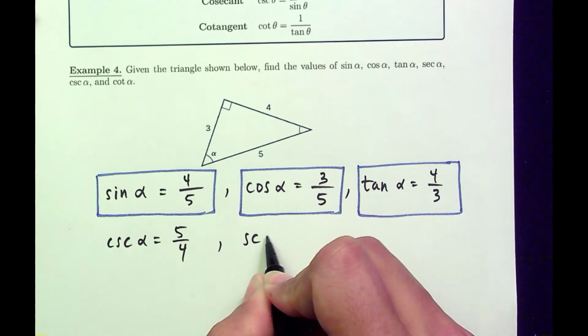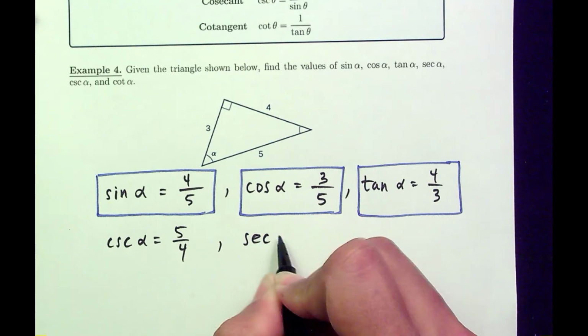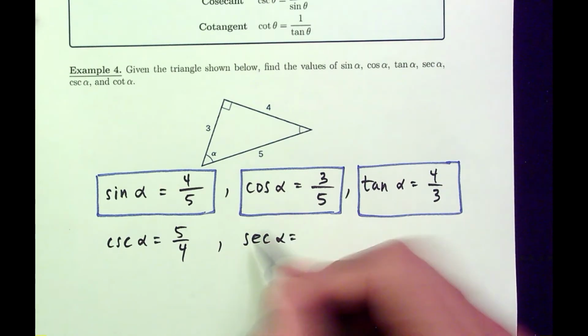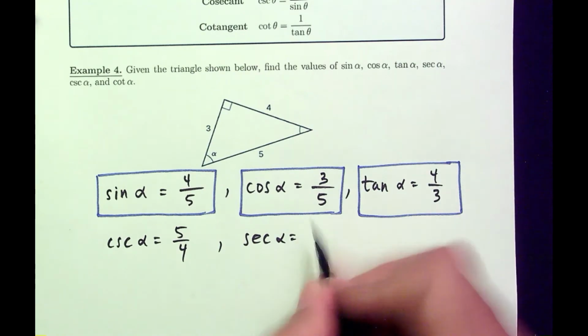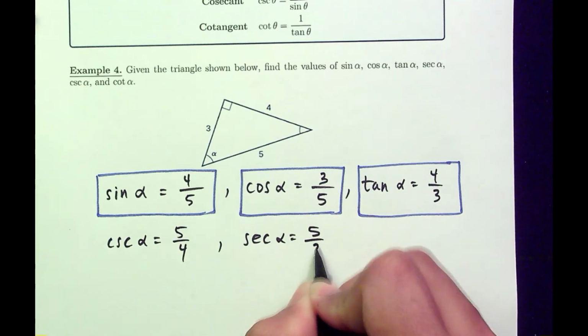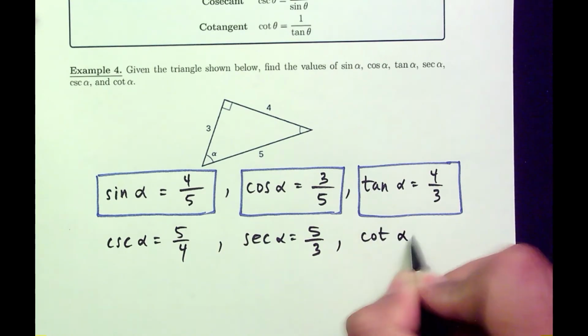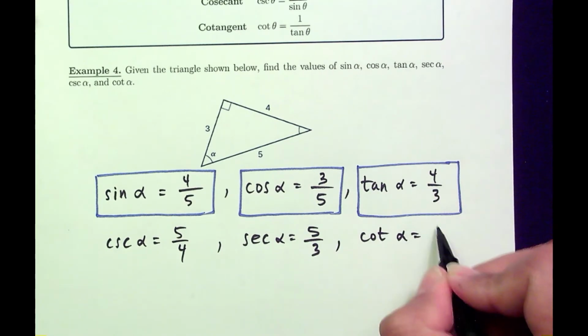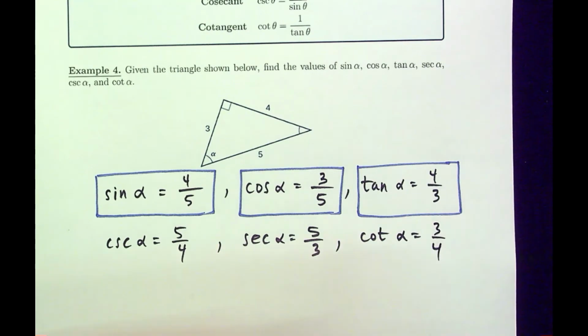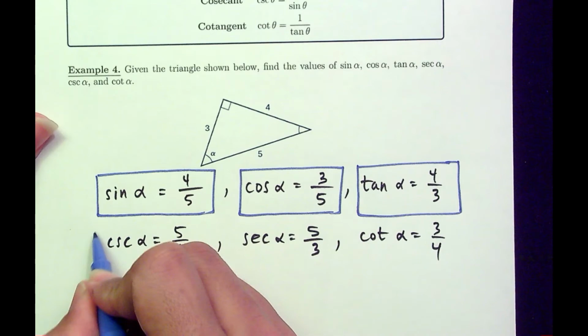Secant is the reciprocal of cosine. Secant and the cosine go together. So this one is 5 over 3. And lastly, the cotangent is the reciprocal of tangent. So this one is 3 over 4. And that's that. That's all.